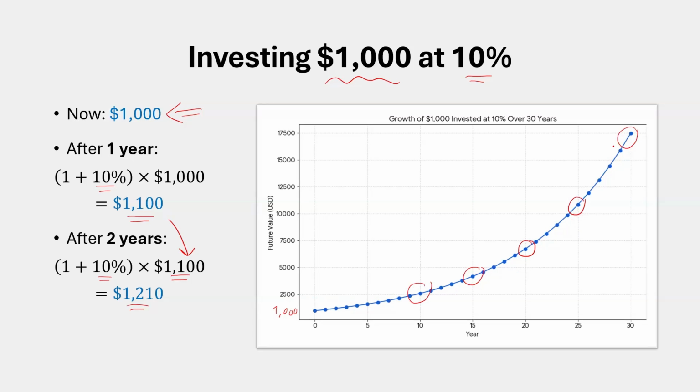And in year 30, so if you invest $1,000 at this rate for 30 years, that small investment will actually grow to $17,500. So this shows both the power of compounding and why the time value of money matters.